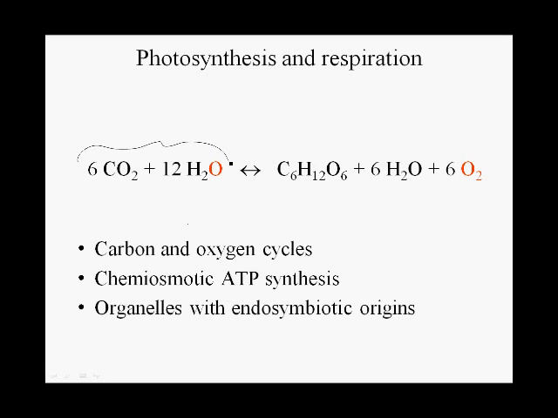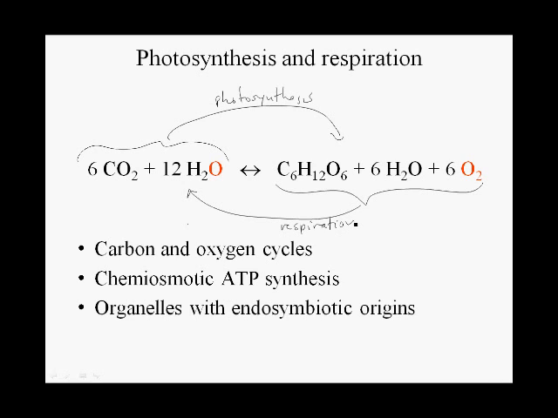So if we go from left to right, where we start with carbon dioxide and water, and make glucose and oxygen, this of course is what we've just talked about. This is photosynthesis. But the products of photosynthesis are then the reactants for respiration.